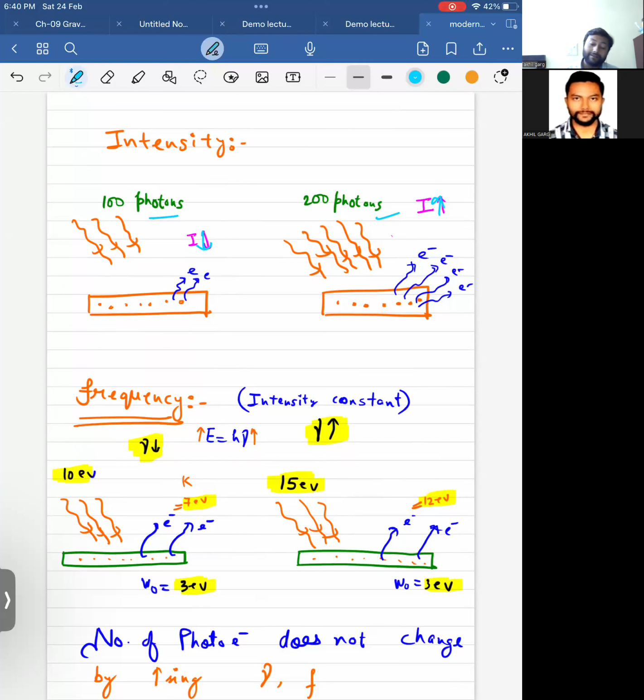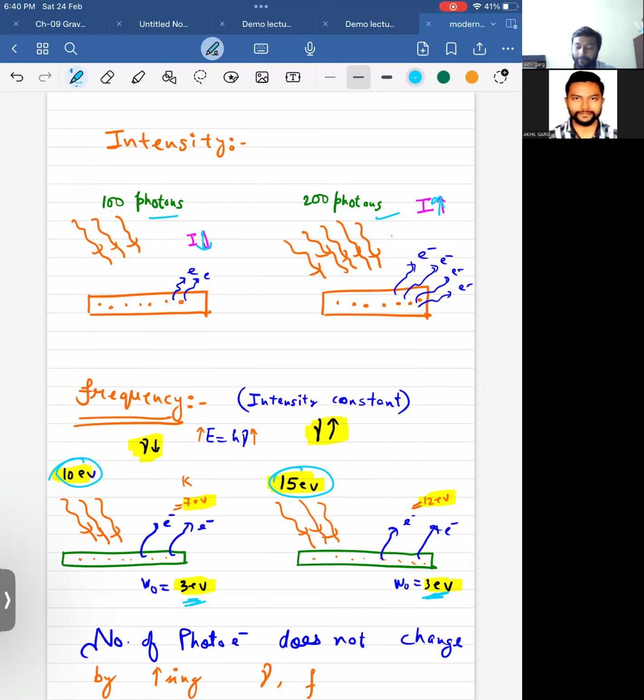How? Because if you decrease frequency, for example, the photon energy is 10 electron volt, and when you increase the frequency, the energy is 15 electron volt. The work function is constant for both, that is 3 electron volt. So the work function is 3 electron volt in 10 electron volt energy and also in 15 electron volt energy.